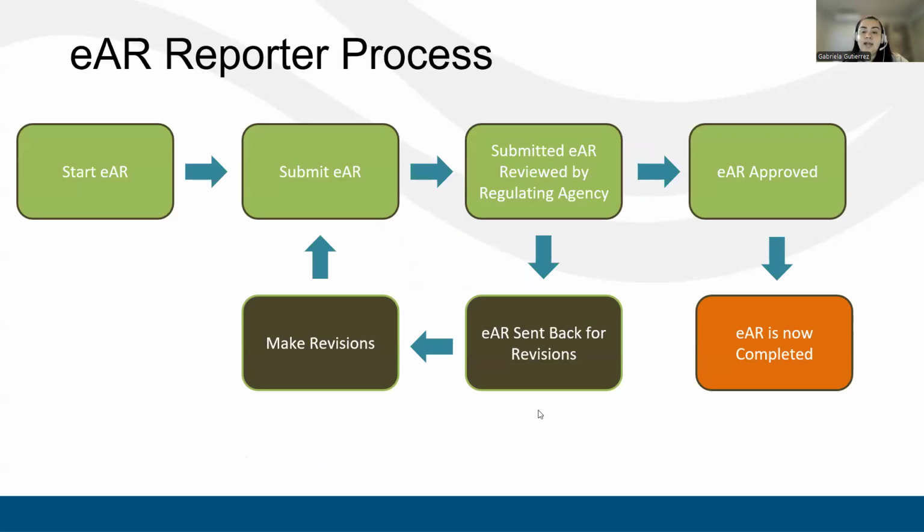Then either your eAR gets approved and is completed, or once your regulating agency reviews it, if they found some errors in your eAR, they will send it back for revisions.